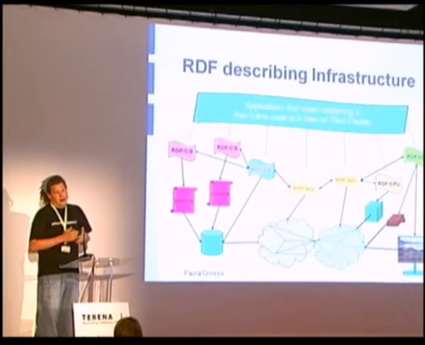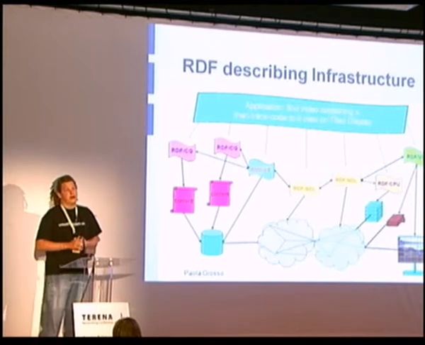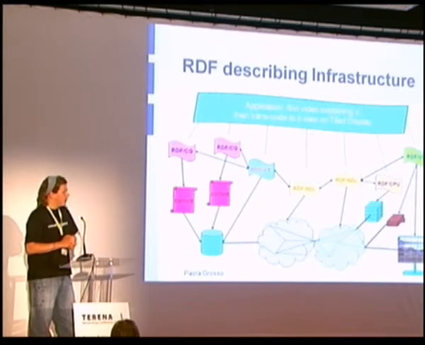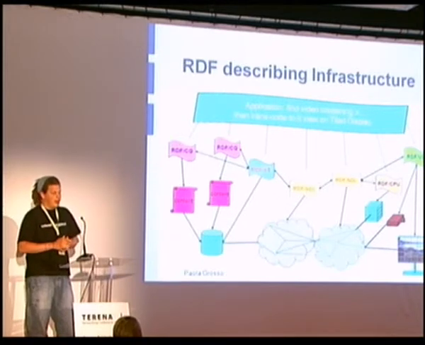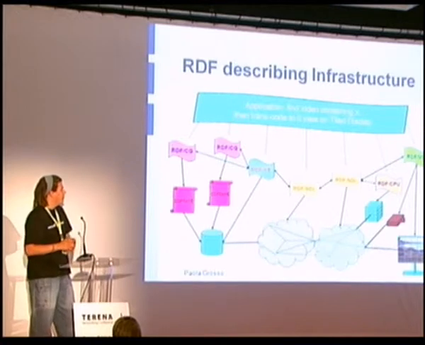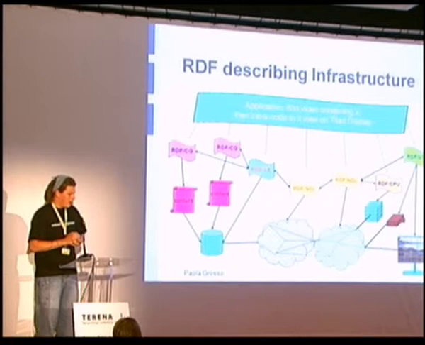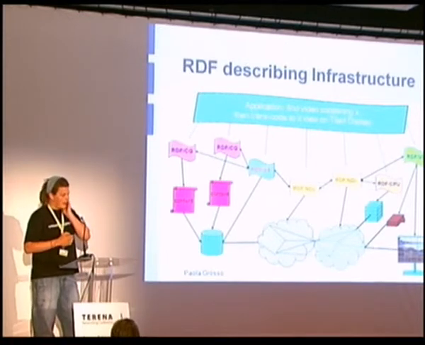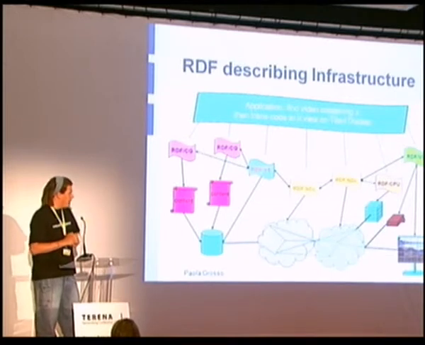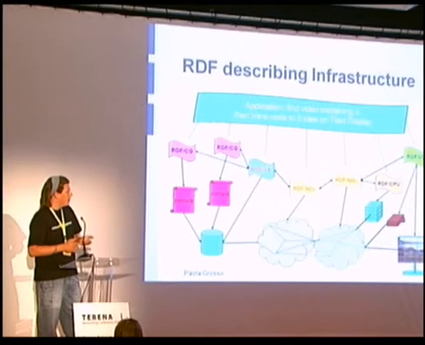The user doesn't want to know about the underlying concept, so the user wants to have a portal like YouTube or SuperTube, and he wants to click on a movie, and he wants to say, I want to see it on this screen. Well, the network has to have some intelligence. So we use RDF to describe the content, the resources we got.